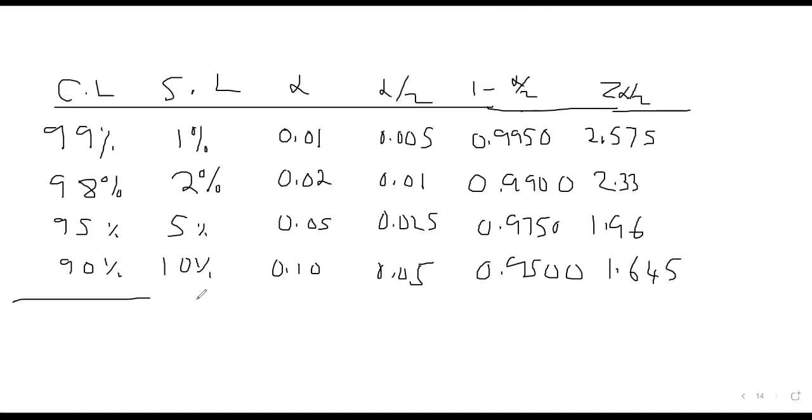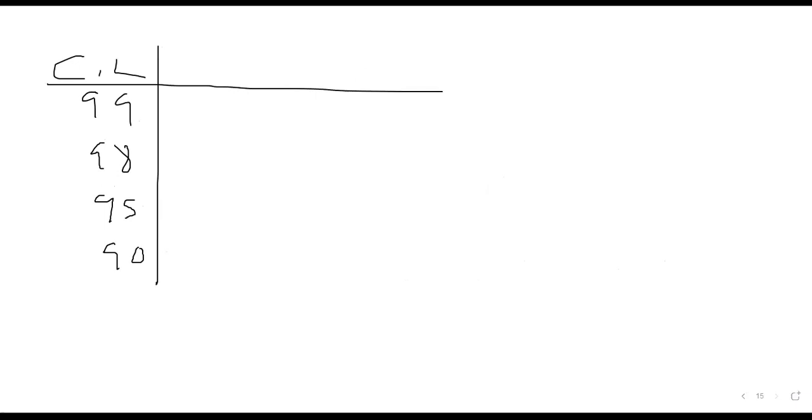At this point, you can memorize what I've just explained as follows. You are usually given confidence levels, and they are 4. We only have 99, 98, 95 and 90. The difference from 100 is the significance level.